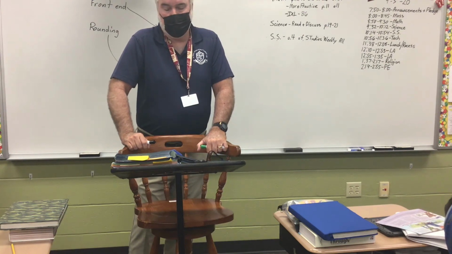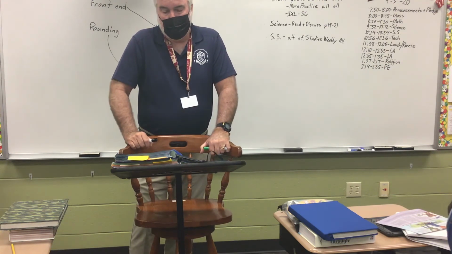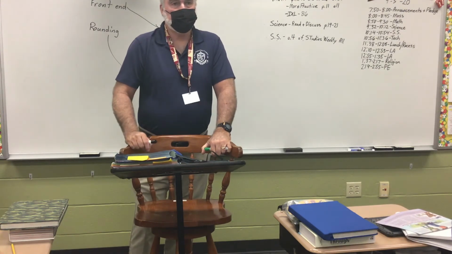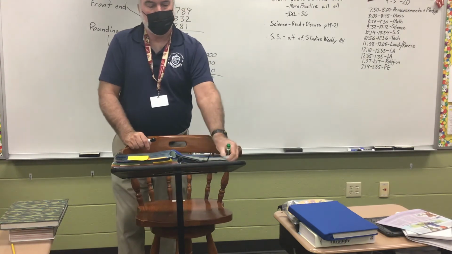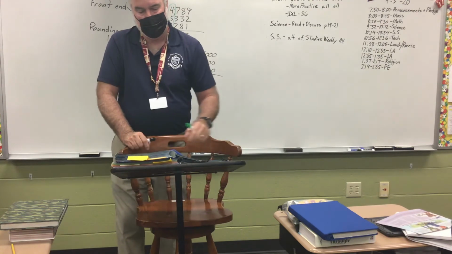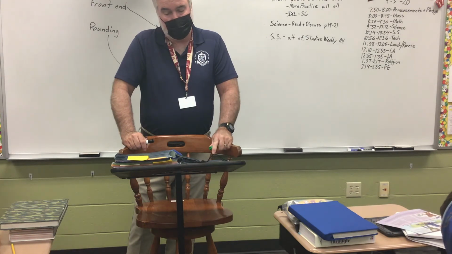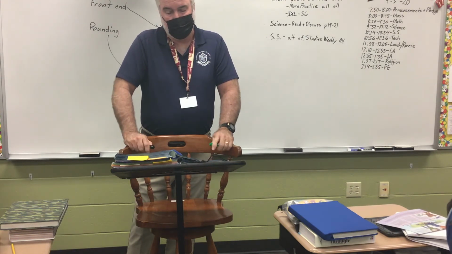So not on, and you can do it in the hardcover book. In the workbook, is that what you were looking at? Number 1 through 8 in the workbook and the more practice, that is both addition and subtraction.